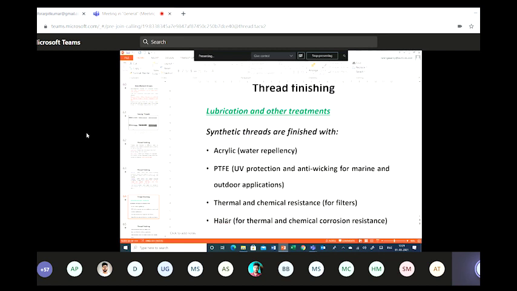And there is one finish called Halar finish. This is basically for those applications where you deal with a lot of corrosion. So the fabrics also have corrosion resistance, and the application involves higher temperature. So this is specialized formulations.